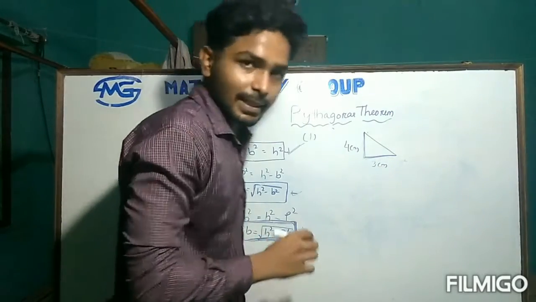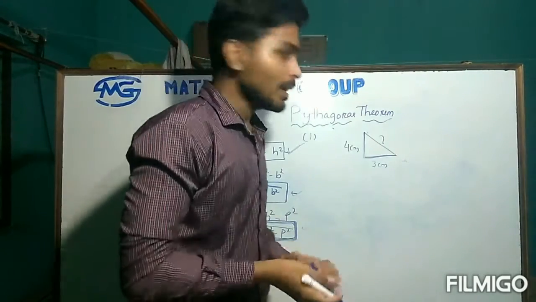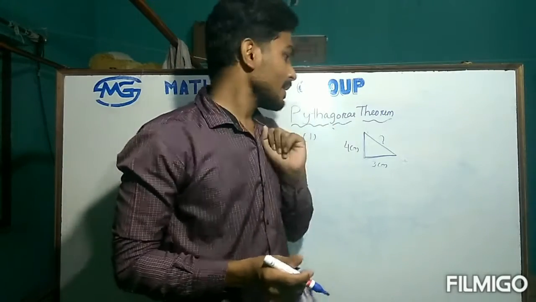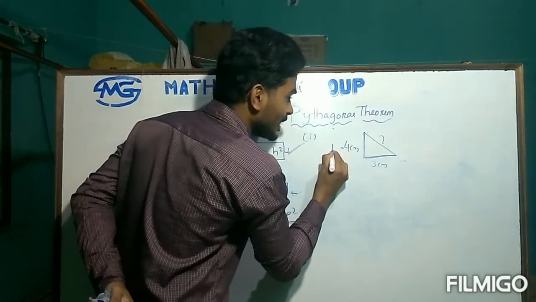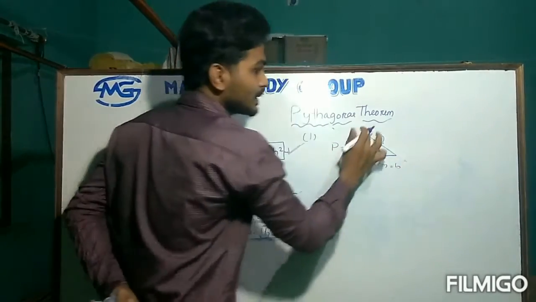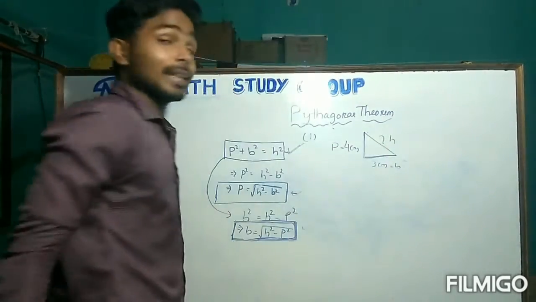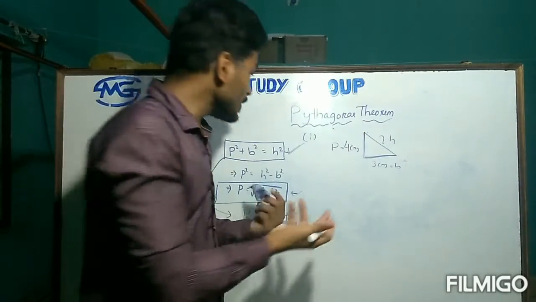Then the question is asking to find the value of this part. Okay, so the question is clear. This is known as P, perpendicular height. This is known as B, and this is known as H. So we have to find the value of H by using which formula?